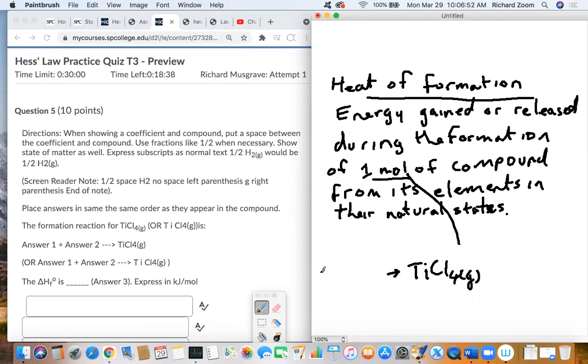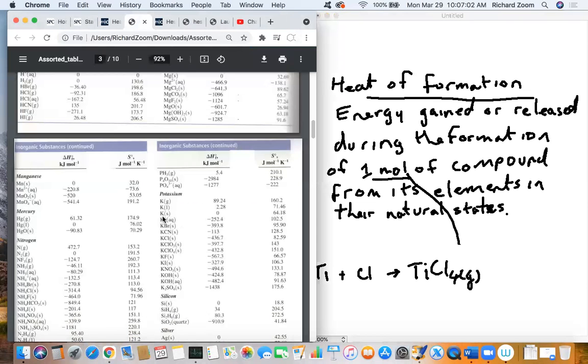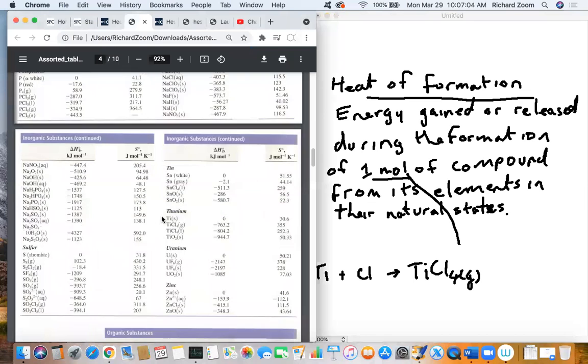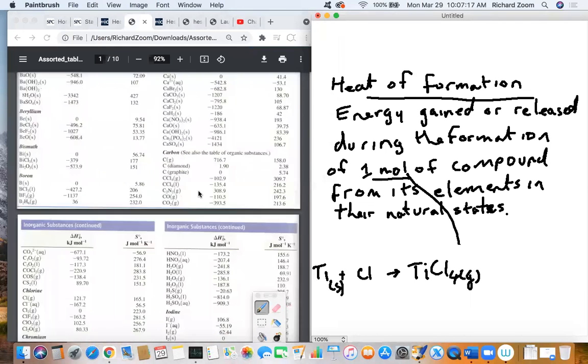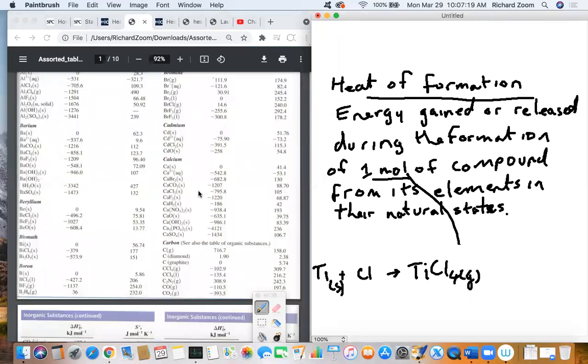And then I ask myself, well, what makes up TiCl4? It would be Ti and then Cl as the elements. But now I've got to find what those are in their natural states. So I go back to this table. I look for titanium, and I see that titanium solid is 0, so Ti solid. And then I look for chlorine.